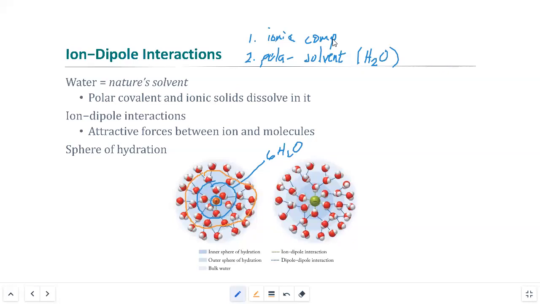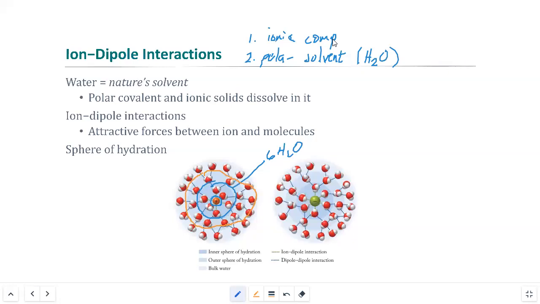Because again, if we think about it from an attraction standpoint, ionic compounds are way at the end of the spectrum. They are super attracted to each other. And polar intermolecular forces, while attractive, are not nearly as attractive as ionic bonds.